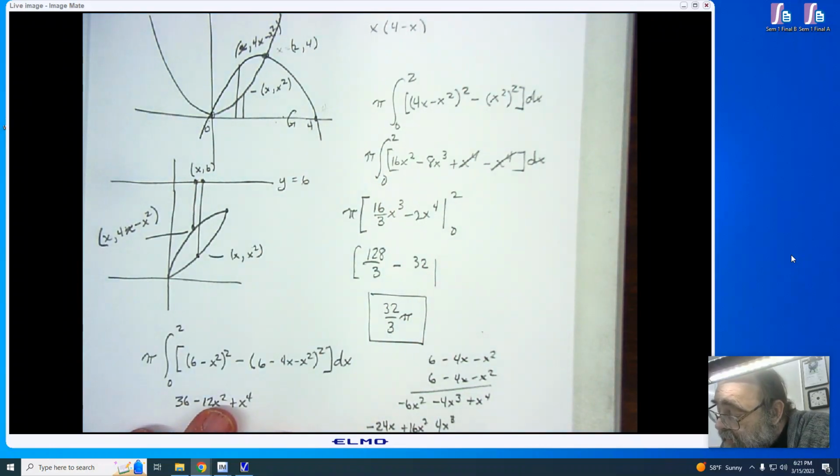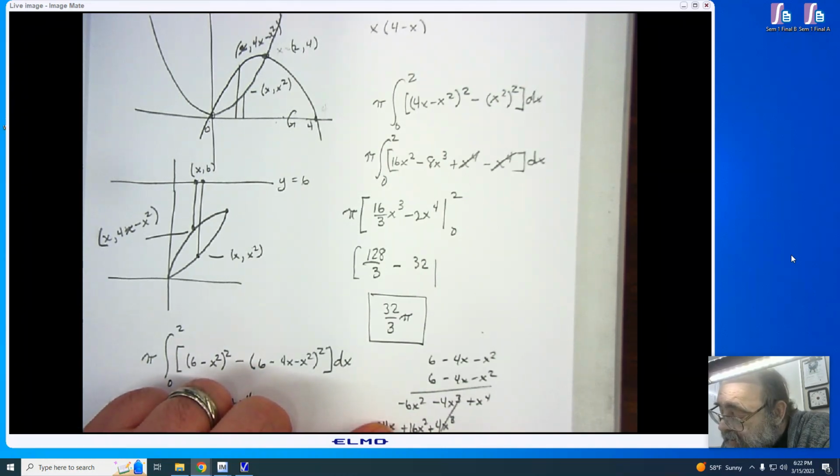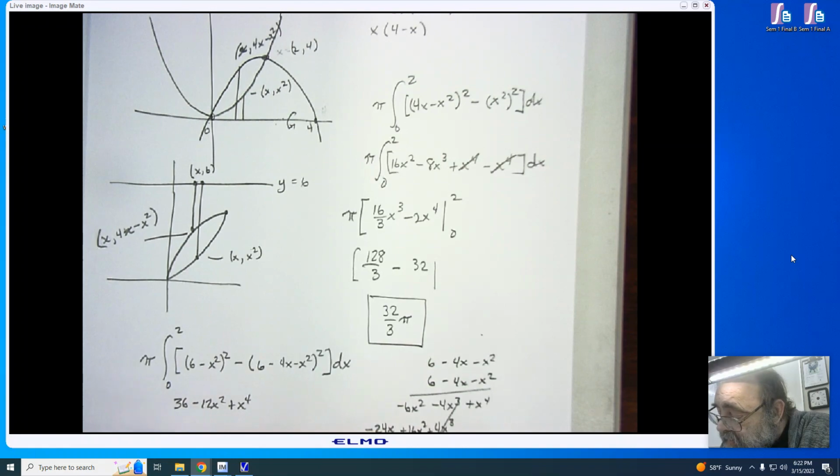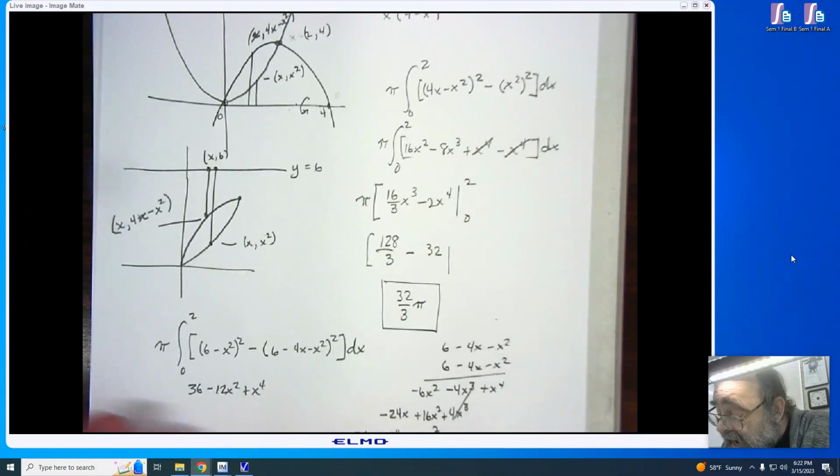So x to the fourth, those are canceling. 12 from the 4 gives me a positive 4x squared. I have a minus 48x and a 36. And this is what I'm going to have to add. So I want to distribute the negative.